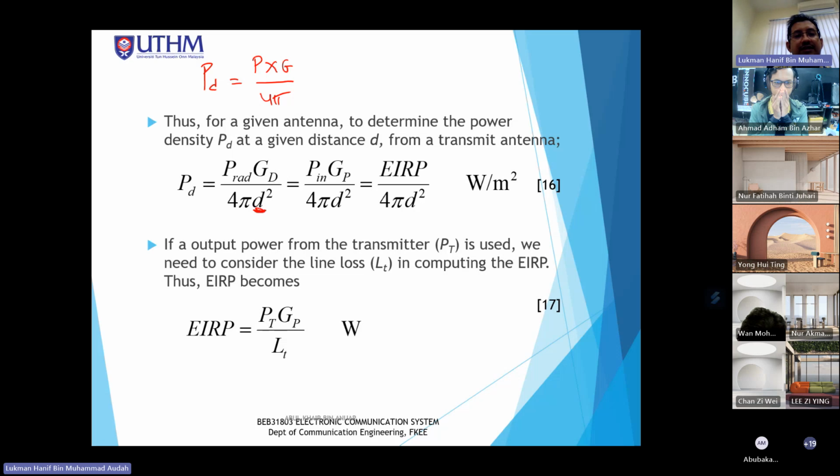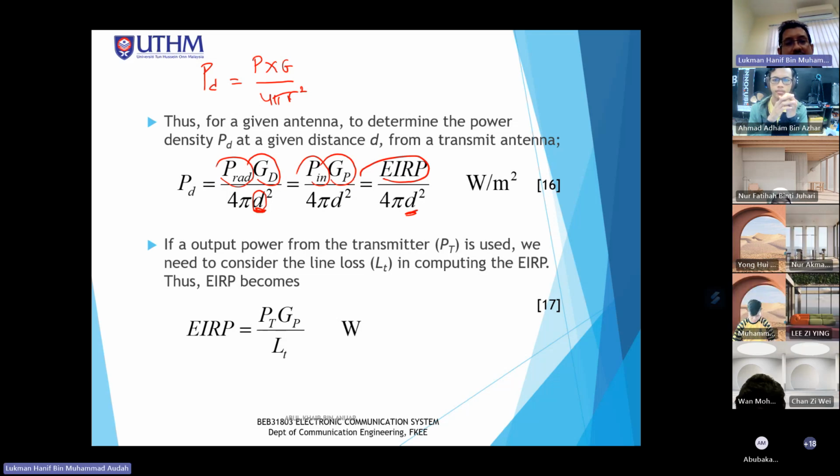Don't be confused, sometimes it uses D, sometimes it uses R. The term P times G is either P radiation times directivity gain, or P input multiplied with power gain. Remember, EIRP is power times gain, and the distance here is in terms of meter.